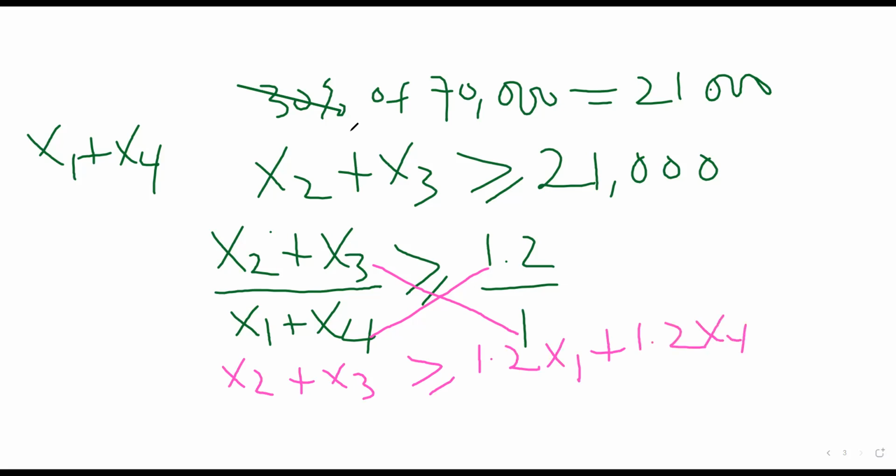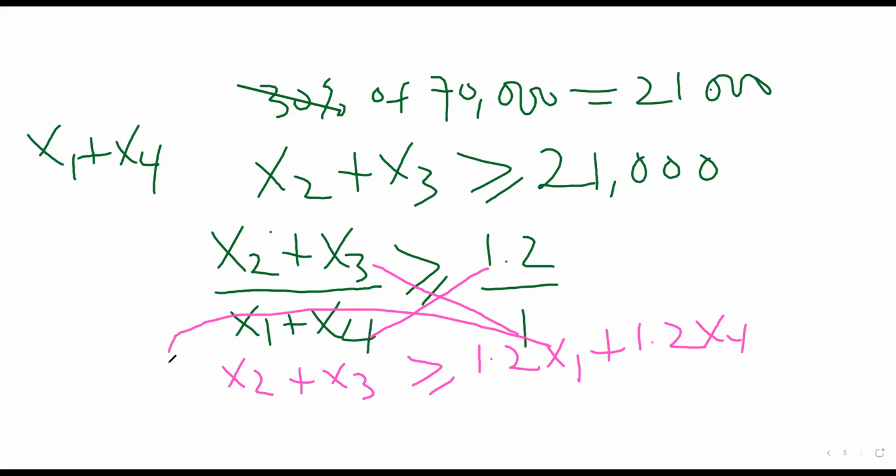I've just expanded. So at this stage, I can group like terms by moving the right-hand side information to the left-hand side and be left with 0. When I move this one here, it becomes minus.